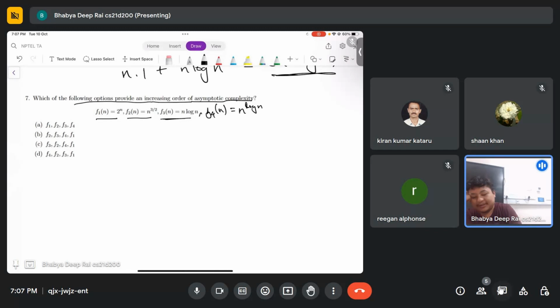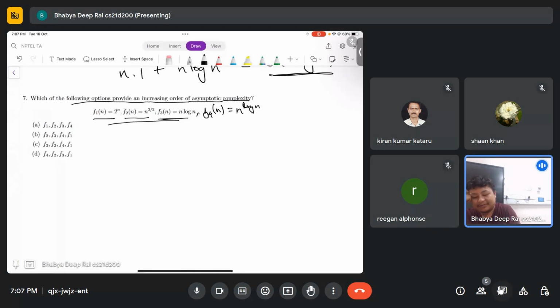Or in other words, can you tell me which one of these functions grows the fastest? Which has the highest amount of growth among these four? F1, F2, F3, F4.